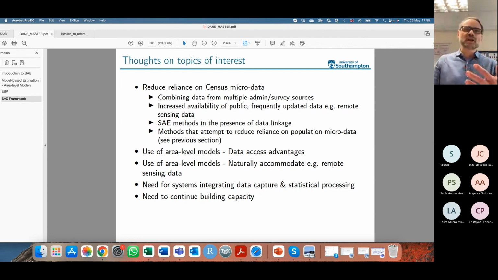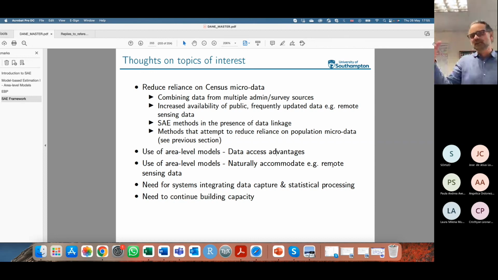So what you're trying by trying to combine data from multiple, say, admin and survey sources is a step in that direction, an important one. The use of remote sensing data, geospatial data, if available, is also something because they are increasingly available, publicly available, and frequently updated.